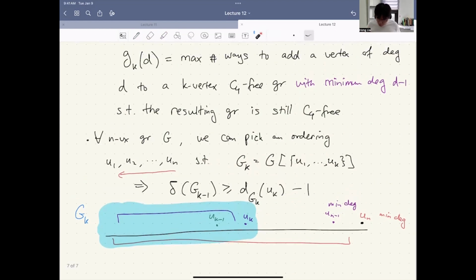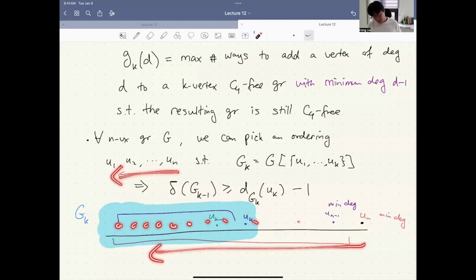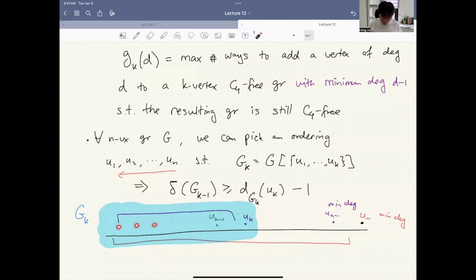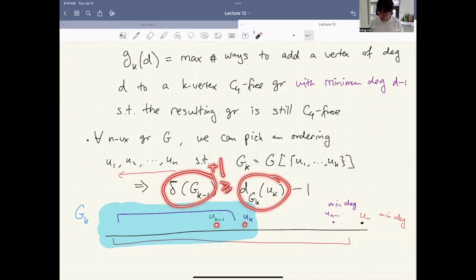So we choose this ordering from back to the front. Now we're going to add vertices from front to back. Every time we add a vertex, make sure that we choose its neighborhood so that the new graph does not create a C4. And also the degree of this vertex that we add is at most the minimum degree of the current graph plus 1.